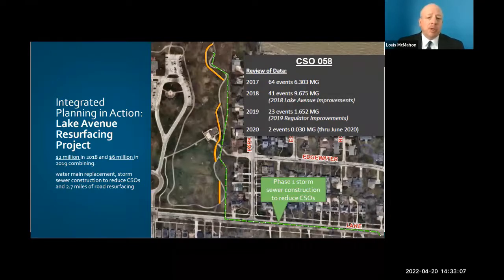In doing so, because we had the plan, we were able to offload stormwater with this new stormwater infrastructure and take this particular combined sewer overflow that activated 40 to 80 times a year, depending on the weather, and take it down to 2 events per year, where it's compliant within the CSO control policy.